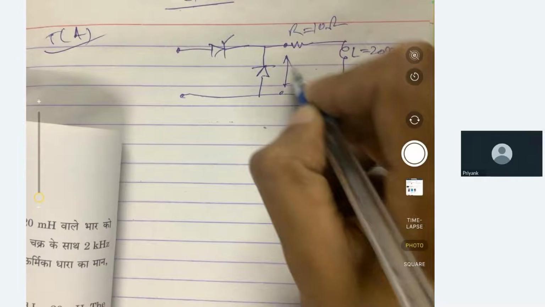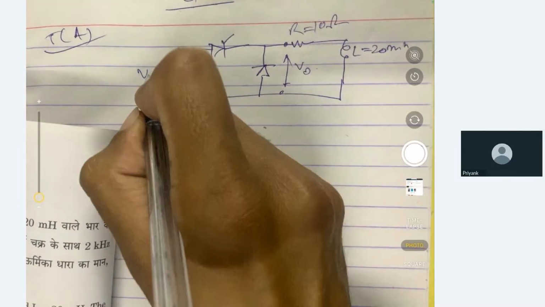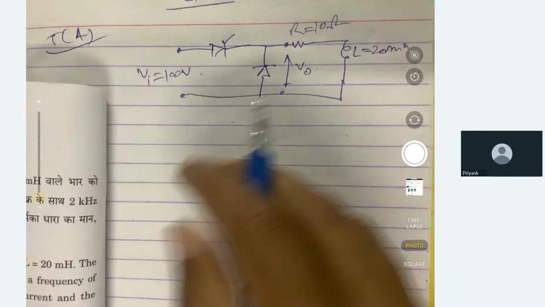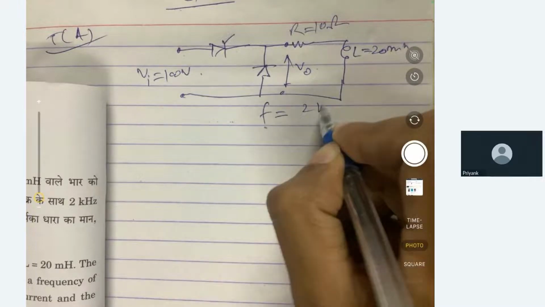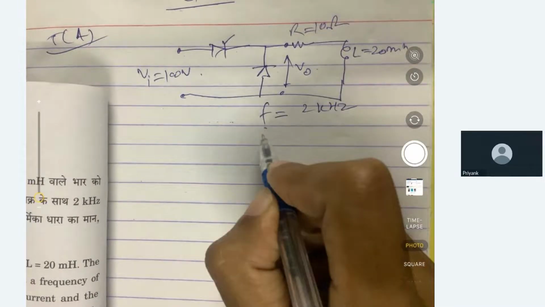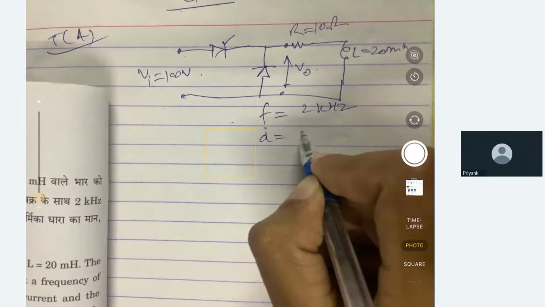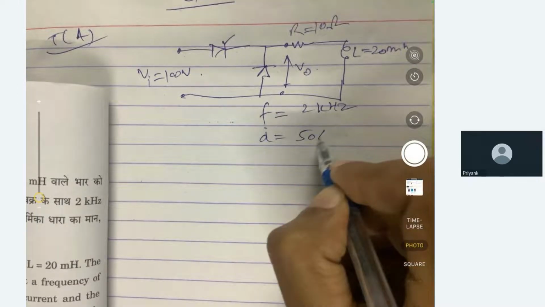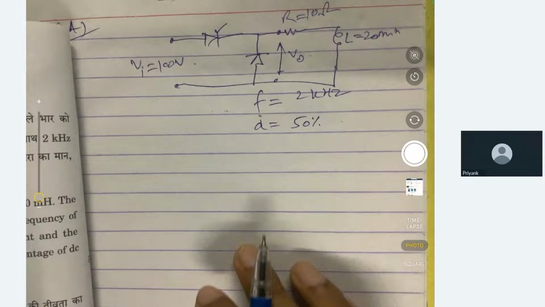The input voltage is 100 volt, the chopping frequency is 2 kilohertz, and the duty cycle alpha is equal to 50%. So 50% is equal to 1/2.